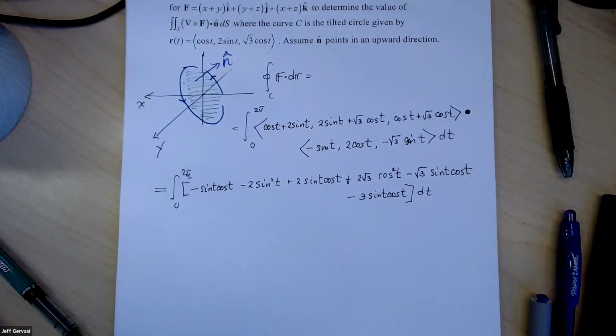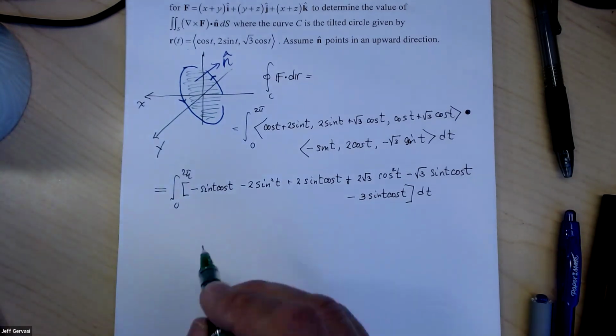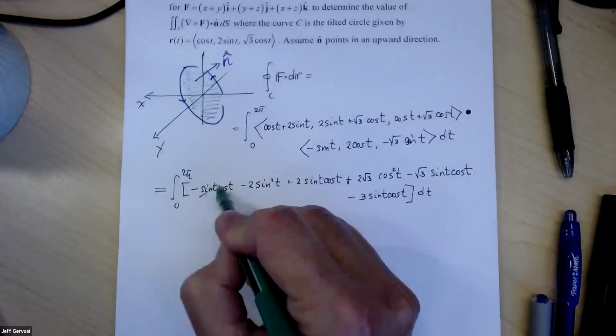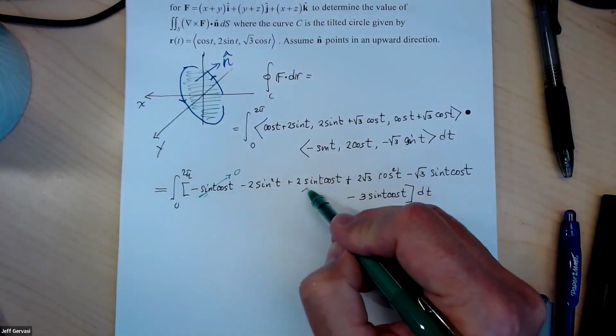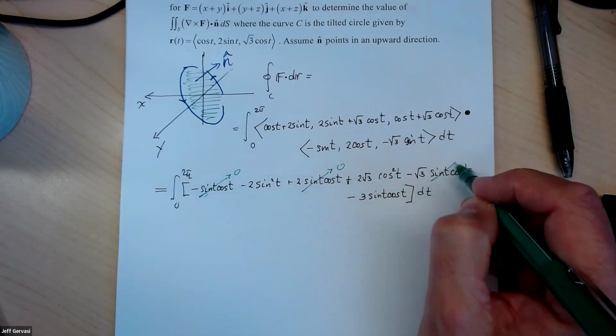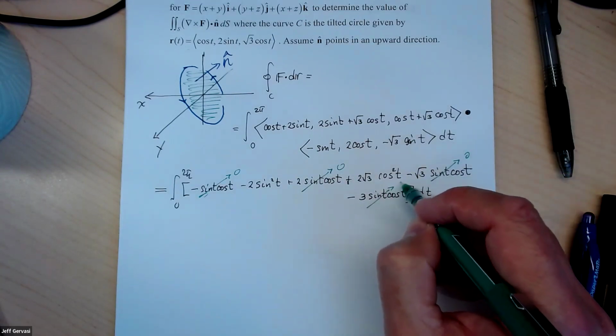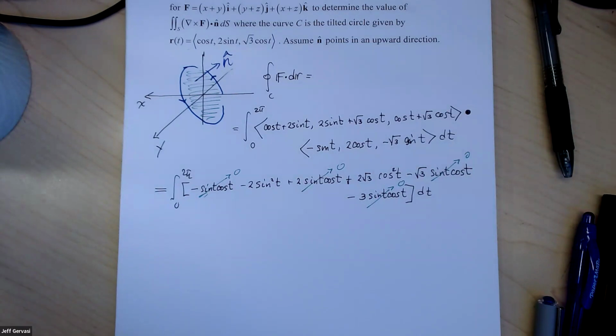Okay. Now, integrating over one complete cycle or revolution of the unit circle, 0 to 2 pi, what's going to happen is that's going to cause this one to go to 0, which you can verify. So all 4 of those are going to wind up going to 0.